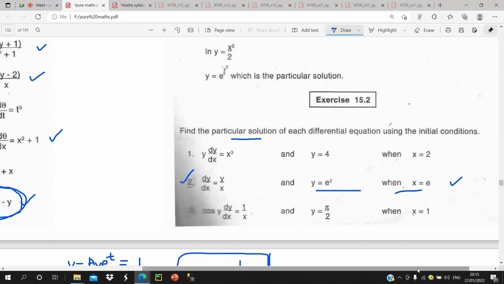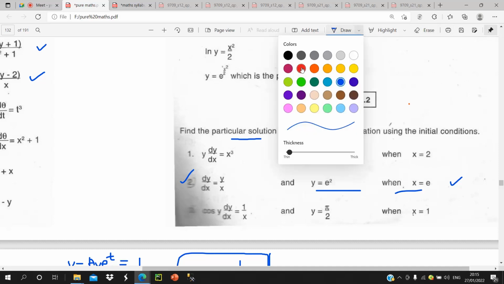Yes. Right. So the process is the same. Let's separate the variables by first cross multiplying.